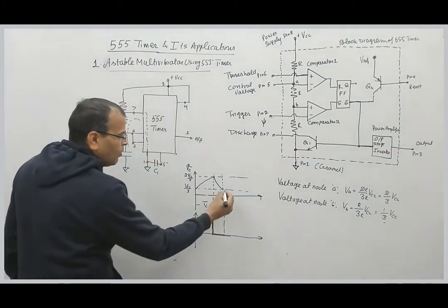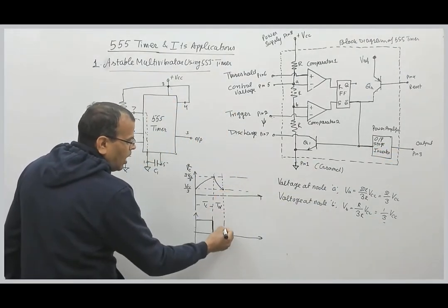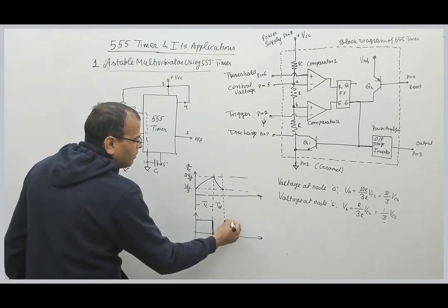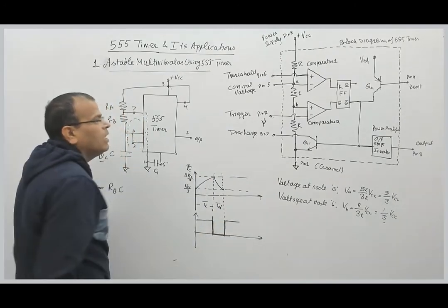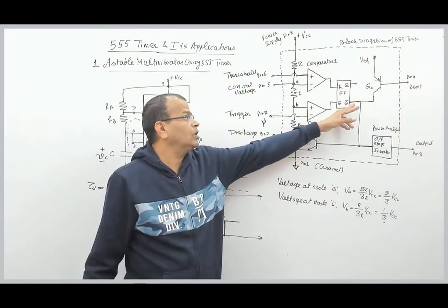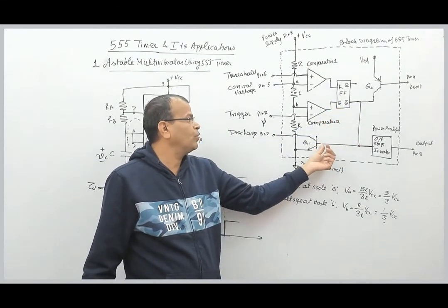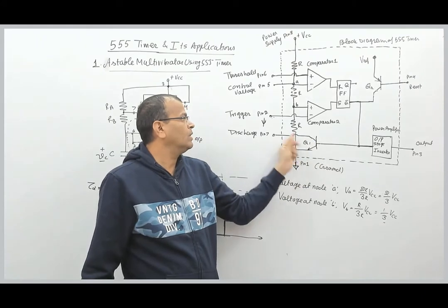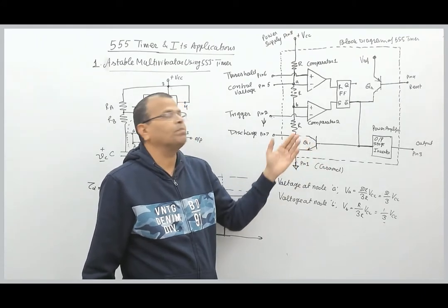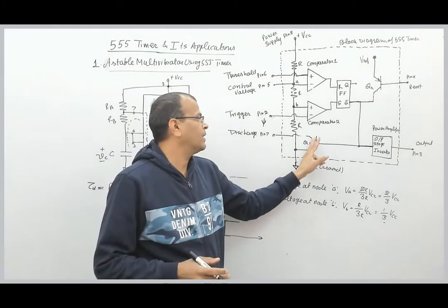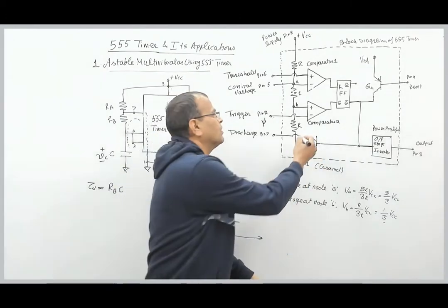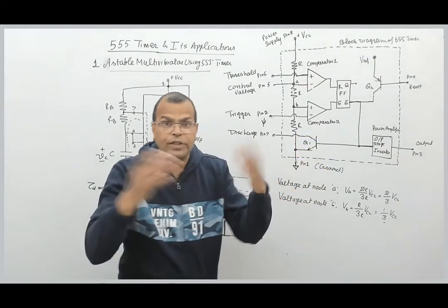So from this moment, the moment it reaches here, output of the timer becomes high, and this was high, this was low, the moment the input to the transistor is low, this is isolated. This means pin number 7 is disconnected from the ground by the transistor, because transistor is driven to cutoff state.